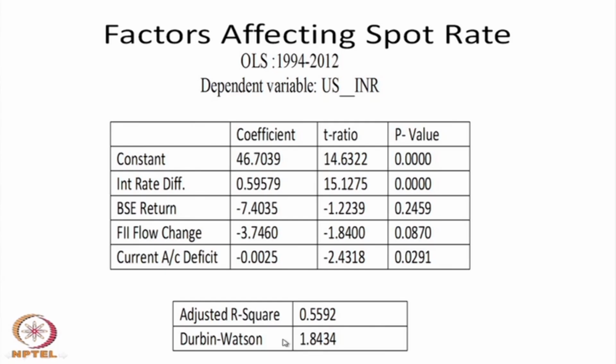So this equation indicates that the interest rate differential, net FI flow and the current account deficit influence the spot exchange rate between the Indian rupee and US dollar.